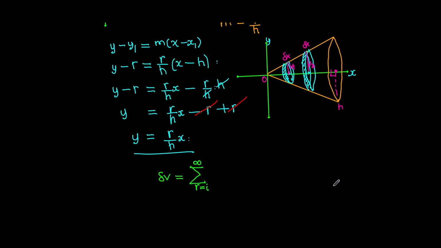So we can say i is the same as 0, 1, 2, and so on.